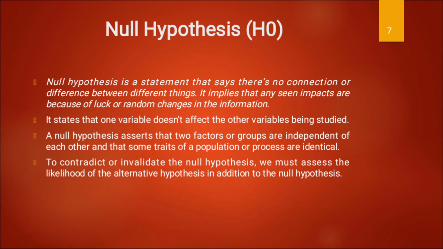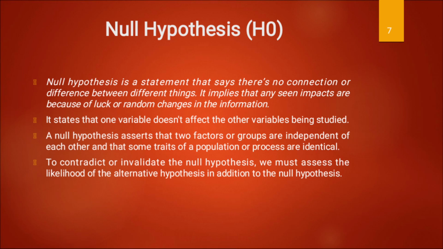It states that one variable does not affect the other variable being studied. A null hypothesis asserts that the two factors or groups are independent of each other, and that some traits of the population or process are identical.